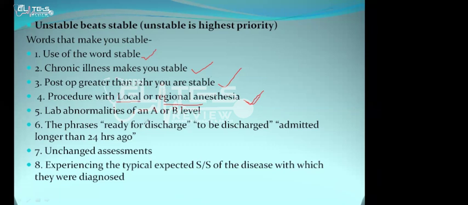So the next one, lab abnormalities of an A or B level. Let me give an example.